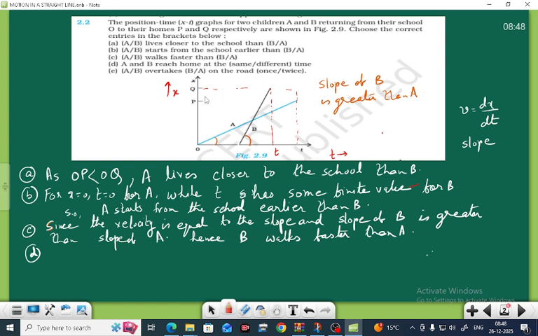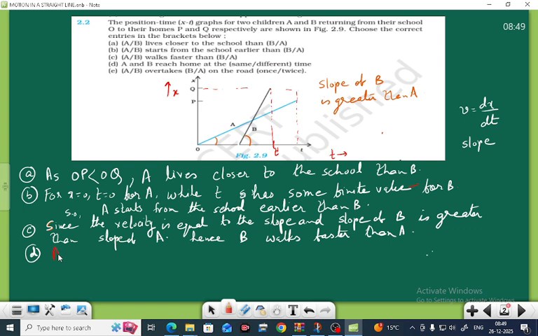Now for A it is Q. So A and B reach home at the same time if the points are at the same time. If it is different, it cannot be understood from this graph. But if this Q and this P are at the same time, they will be the same time. But here in the graph it is different time, right? So you can say that A and B reach home at different times.